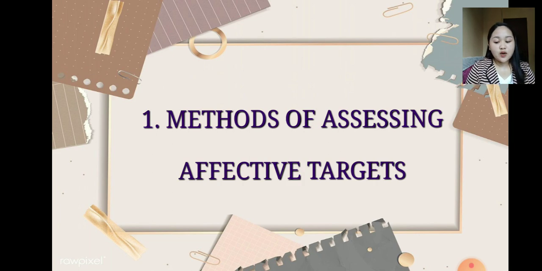So, we already know what the methods are. So, how do we use them, utilizing the different methods or combining the methods to assess the affect of a learner. The third part is the affective assessment tools. So, this will discuss what affective assessment tools we should use, and there are also examples that are provided. So, this is a big help to us.